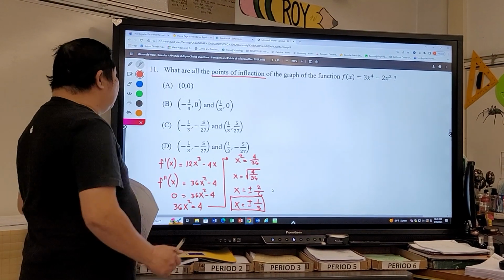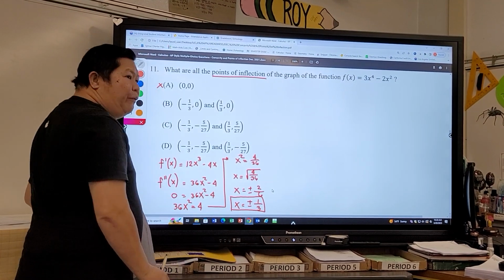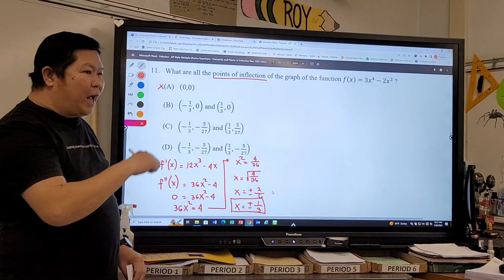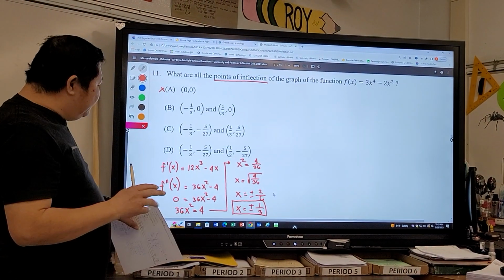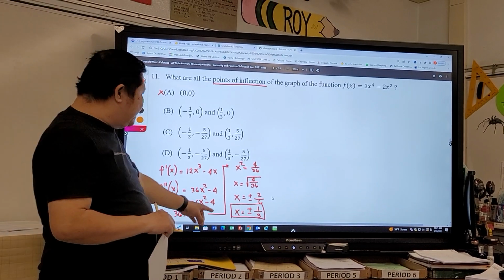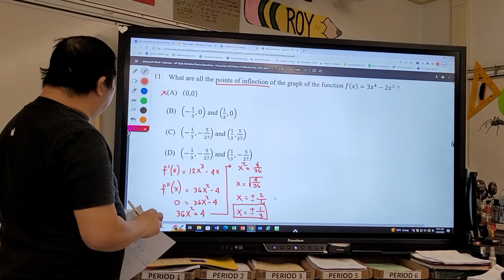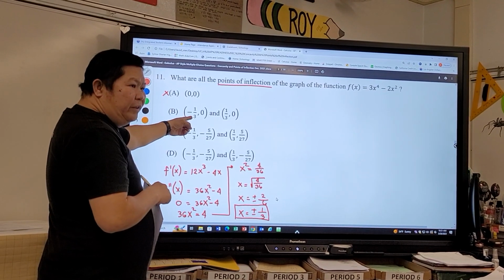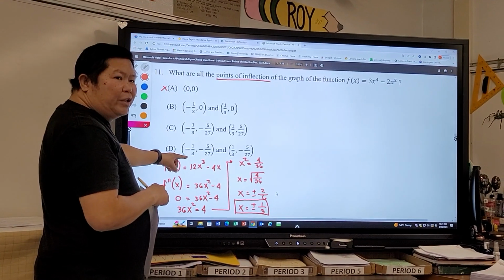It's a no, right? Because we already have the values of x, so we have to knock that out. Next, we're gonna focus on the values that have negative 1/3 and positive 1/3. Can this be a candidate? Can this be a candidate also?